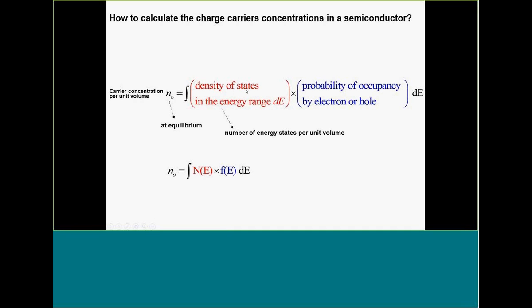Density of states is the number of energy states per unit volume.